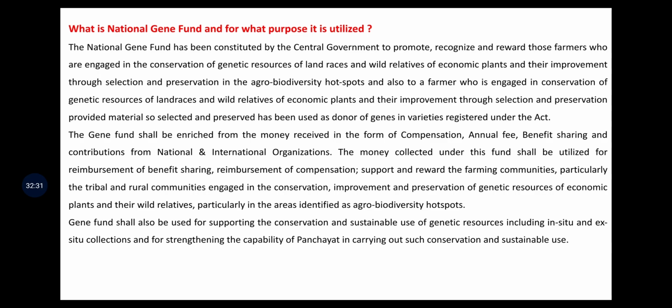Gene fund shall be enriched from the money received in the form of compensation, annual fees, benefit sharing, and contributions from national and international organizations.